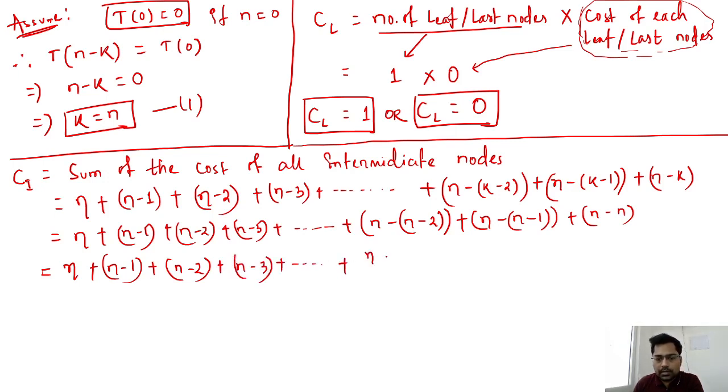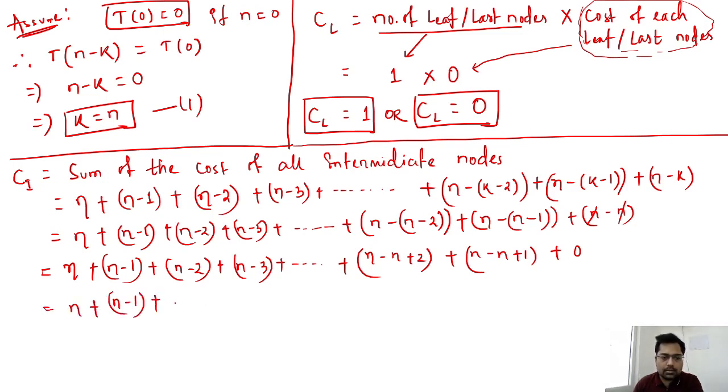Next n minus n plus 1, next n minus n will be 0 here, and so on, up to 2 plus 1, because your n term will be discarded, 0.